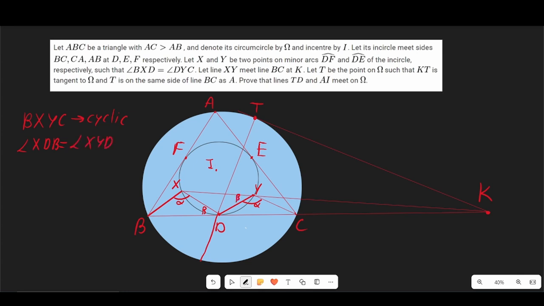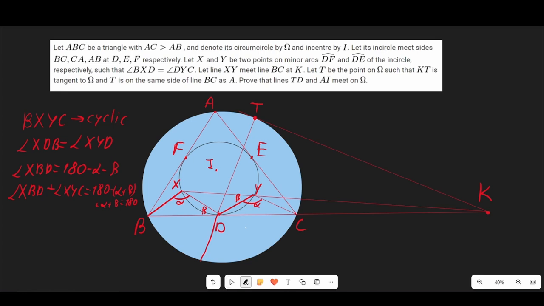And if we want to compute the angle XBD, this would be 180 minus alpha minus beta. Now let's look at angle XBD plus angle XYC. This would be 180 minus alpha minus beta plus alpha plus beta. And clearly this is 180. This means that BXYC is cyclic.